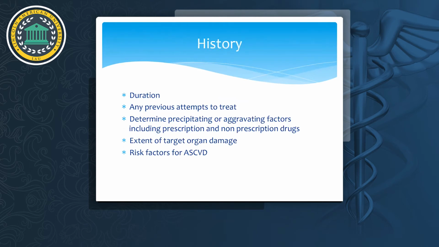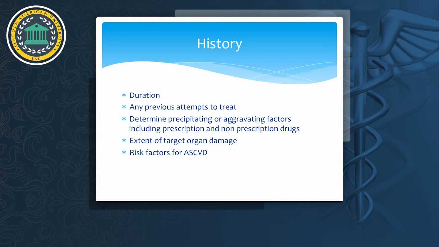In history taking: the duration of the disease, how long the patient has had symptoms or has been seeing that his BP is high. Were there any previous attempts to treat the blood pressure? You determine the precipitating or aggravating factors, including prescription and non-prescription drugs. You see the extent of target organ damage, and you evaluate the risk factors for atherosclerotic cardiovascular disease.